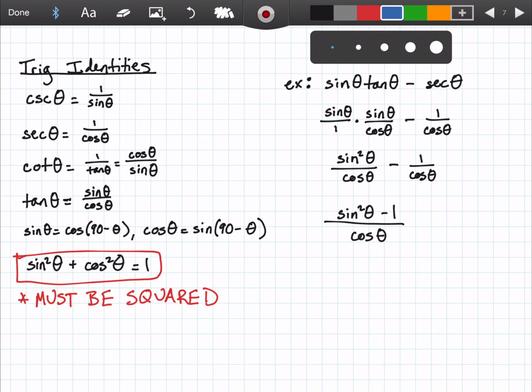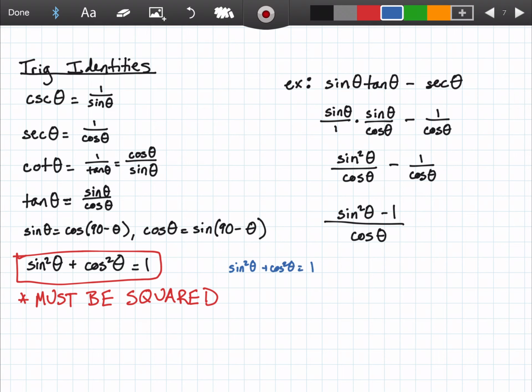So I'm just going to do it off to the side here. Sine squared theta plus cosine squared theta equals 1. Well, I want to subtract 1. And then I'm going to subtract cosine squared.